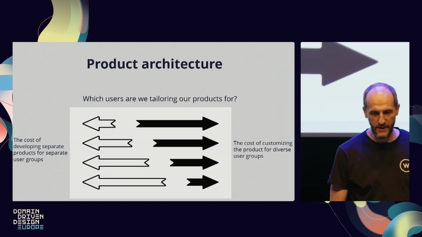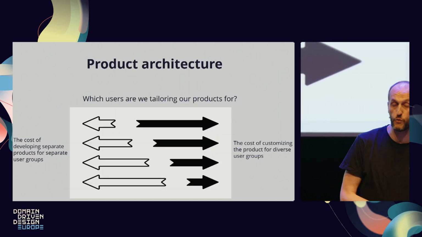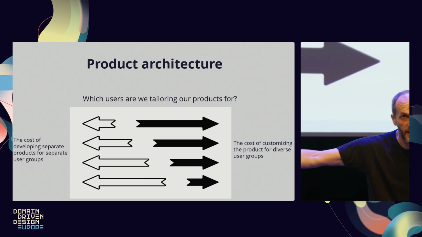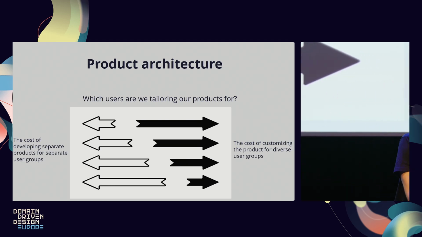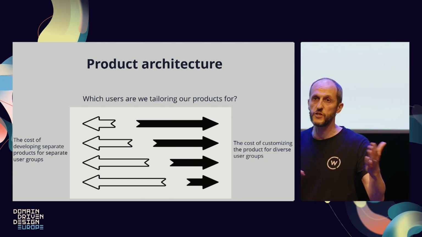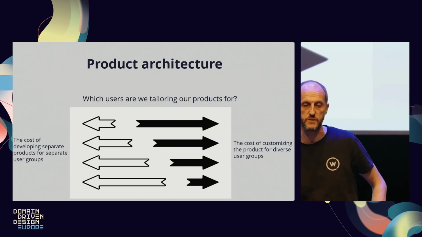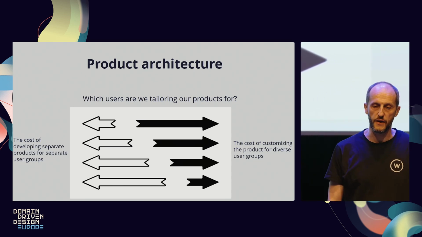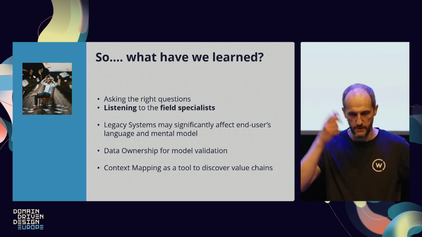But okay. And of course, our product architecture would have been affected. There is a cost of customizing on one side or developing separate products for separate needs on the other side. This decision has broader ramifications than just what one team could do. Okay, I am done.